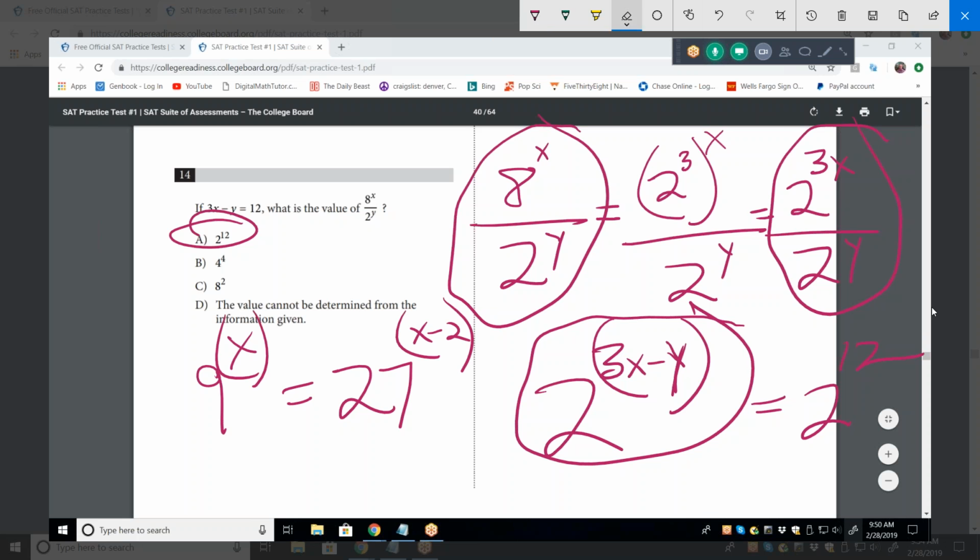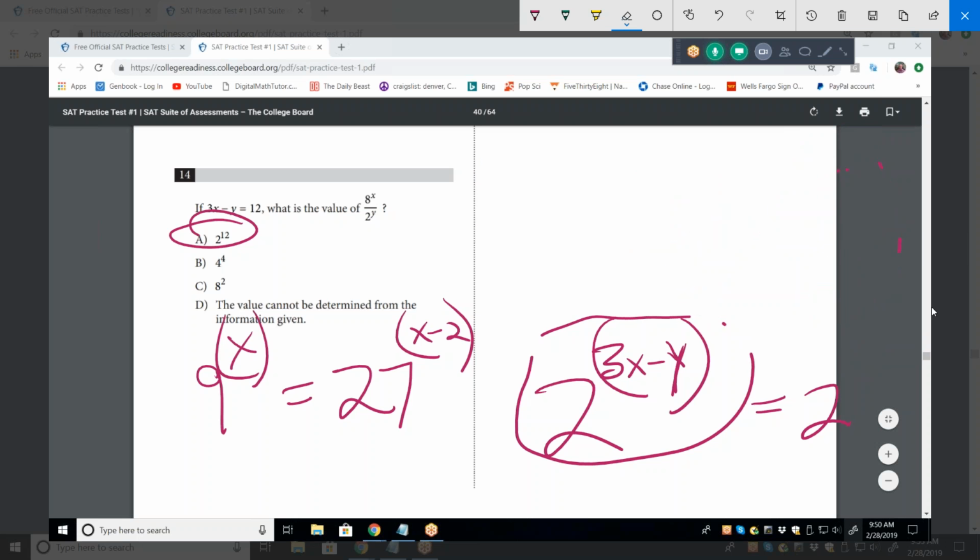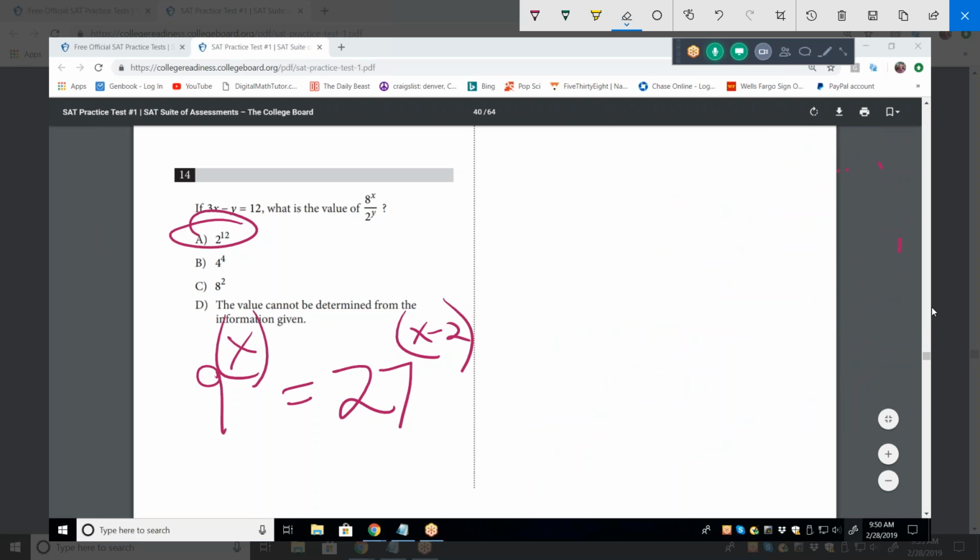How do I solve that problem? Think the same kind of thinking we were just doing on that last problem. What is the common exponential base between 9 and 27?